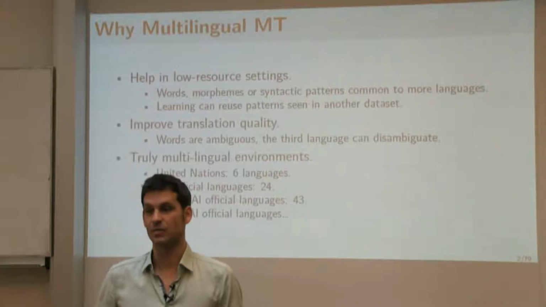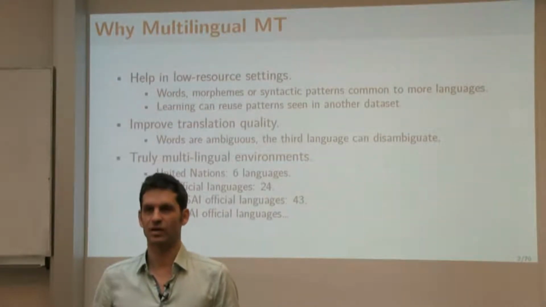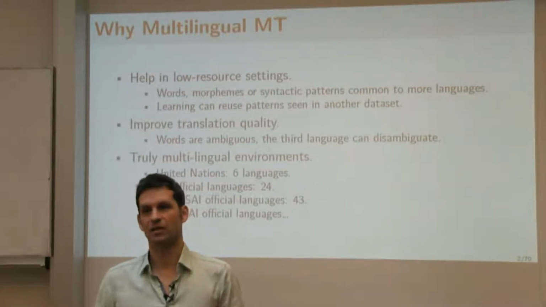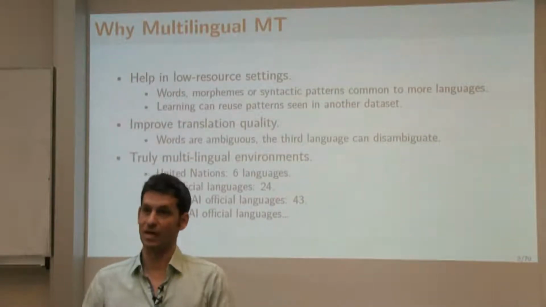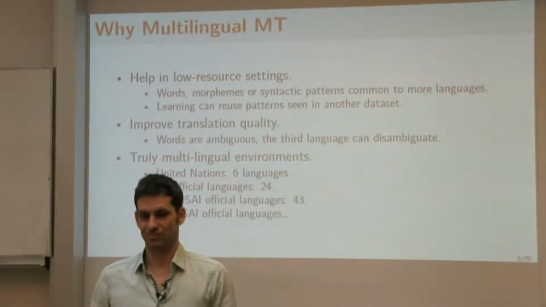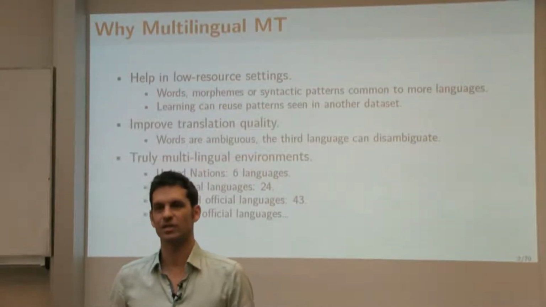But sometimes you can also have a setting where the same document is already available in multiple languages, and you want to provide yet another translation of that. A good example would be translations from English into most other Indo-European languages.